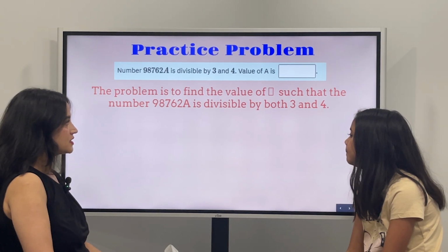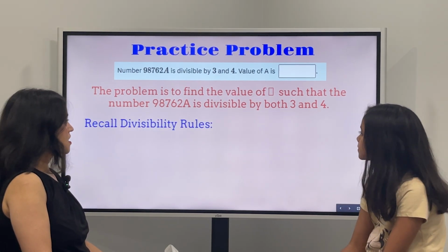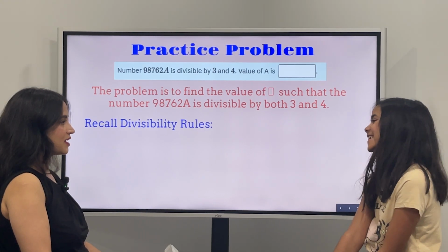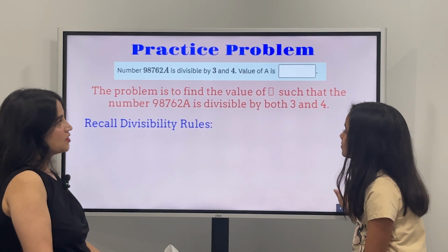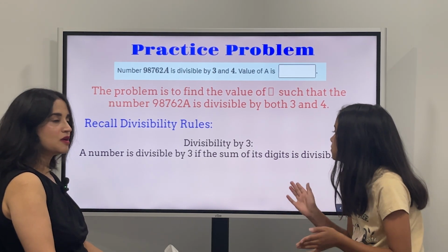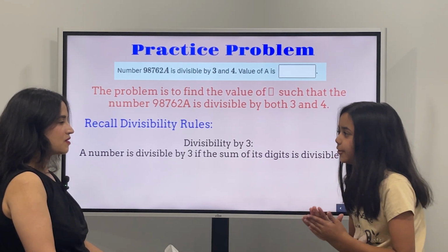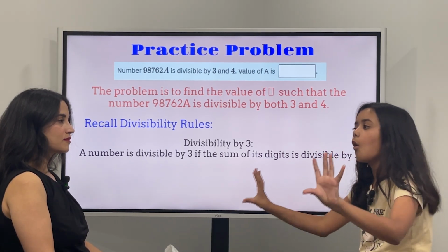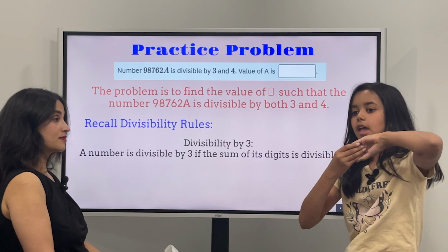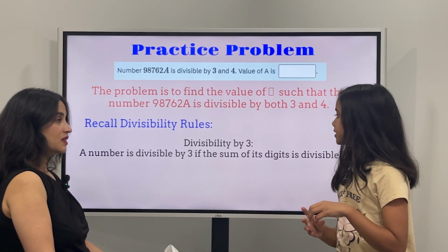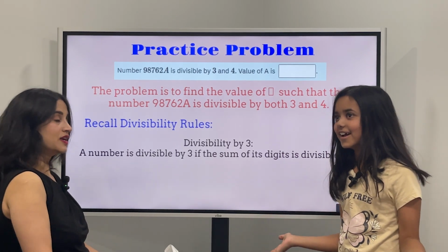Okay, so let's recall the divisibility rules. Do you remember the divisibility rule for the number 3? You have to add all the digits, and if the sum is divisible by 3, then the number is divisible by 3.